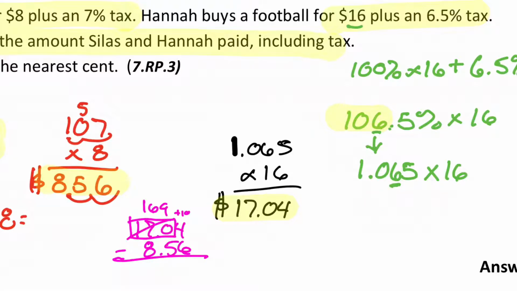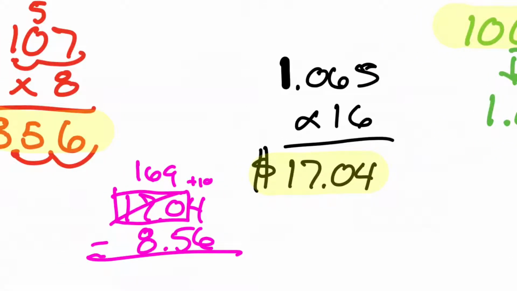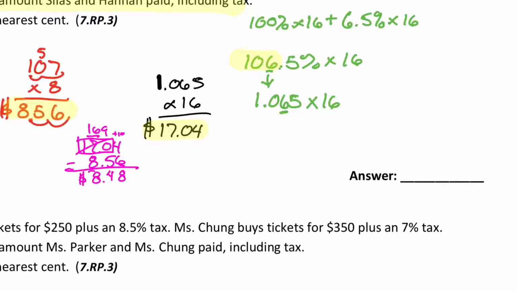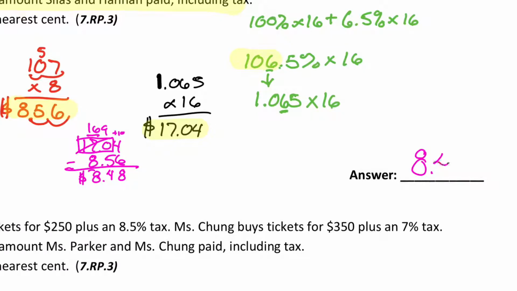So 10 plus 4 is 14. 14 minus 6 is going to be 8. 9 minus 5 is going to be 4. And 16 minus 8 is going to be 8. It seems like the difference between what Hannah paid and what the other kid paid, I can't remember his name, Silas, was $8.48.